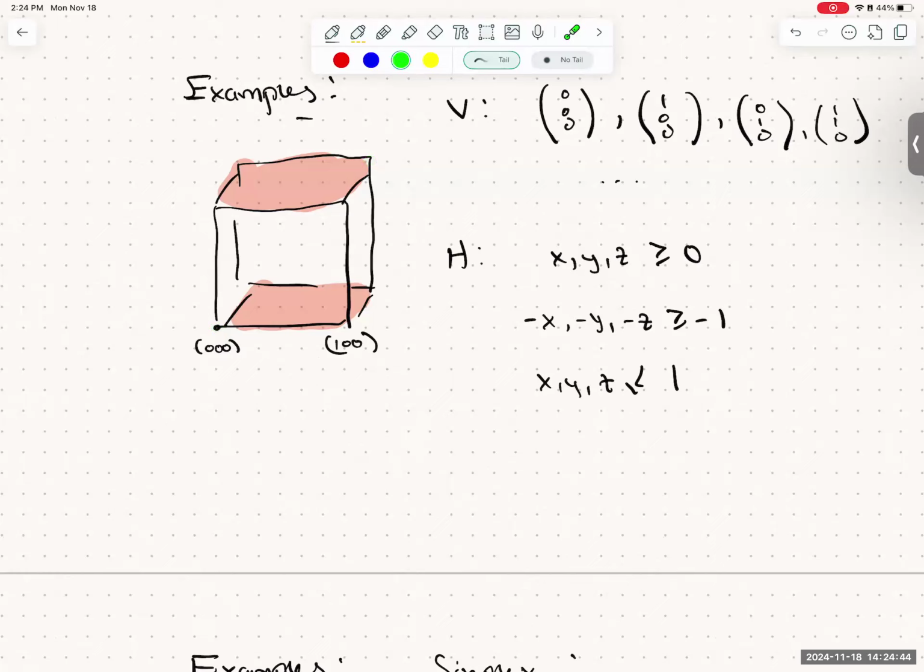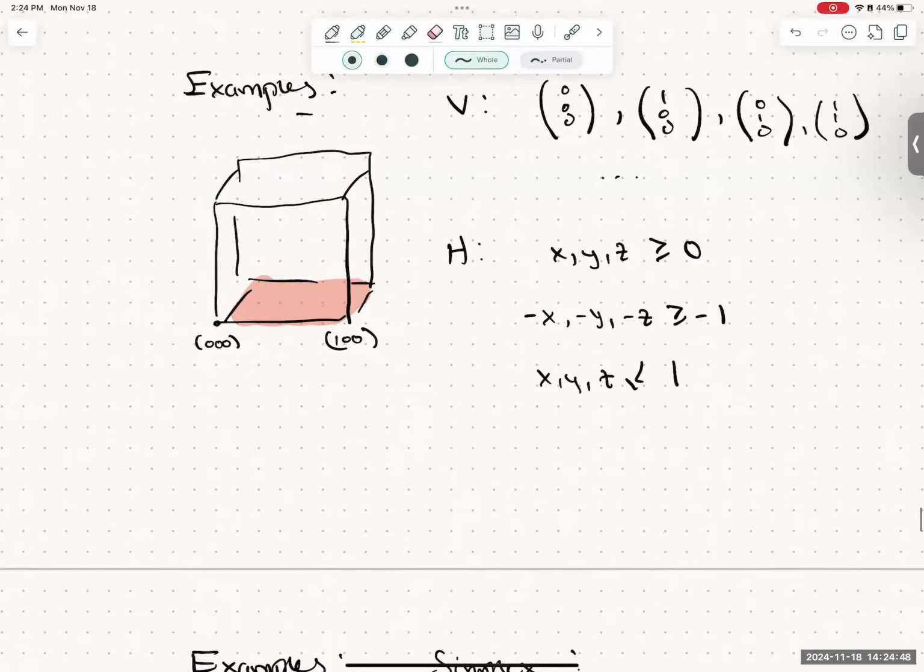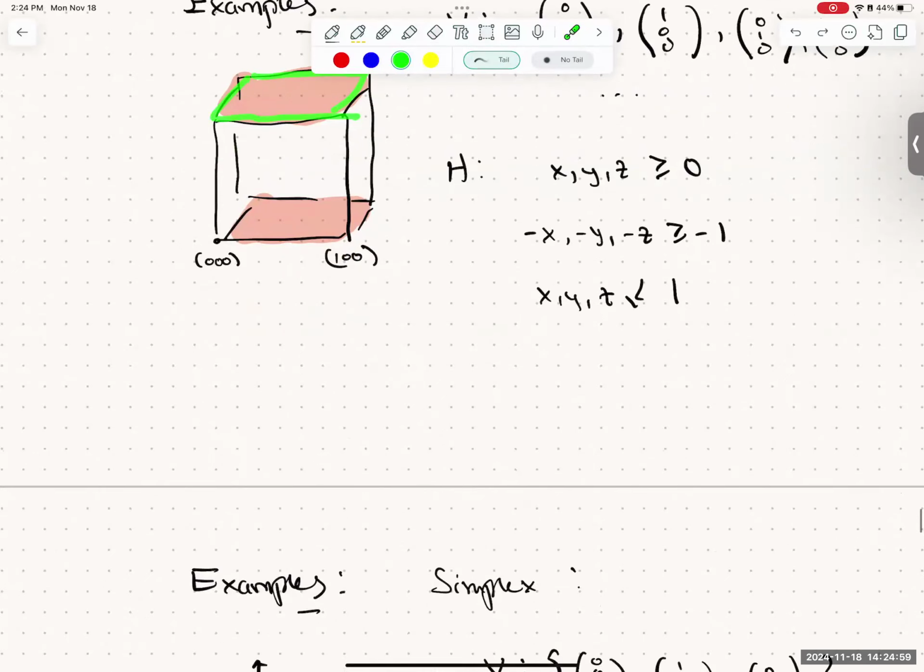So a vertex, if you see it, I have a set of equations. So these inequalities here, I have something like z is less than or equal to 1.